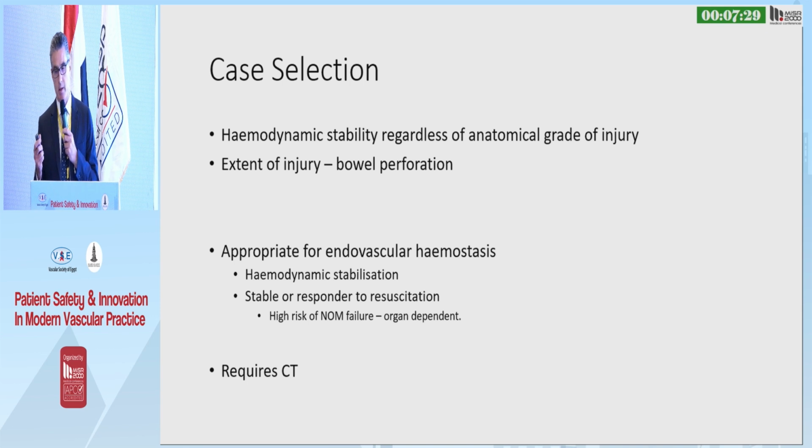I find that cases that are appropriate for endovascular hemostasis are generally in two categories. One is the opportunity to get hemodynamic stabilization without open surgery, and the other one is in the stable or stabilized patient who is at risk of failure of non-operative management.